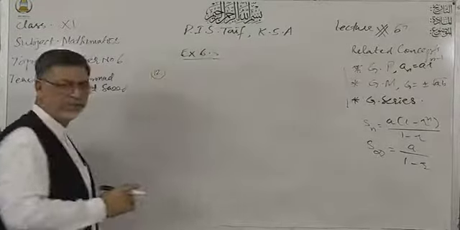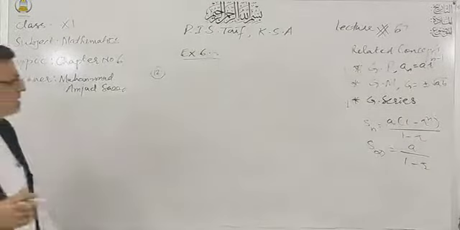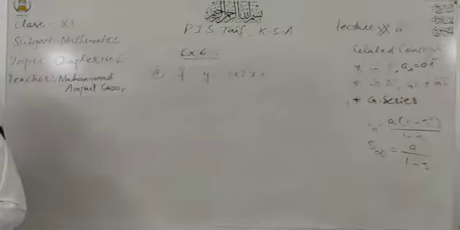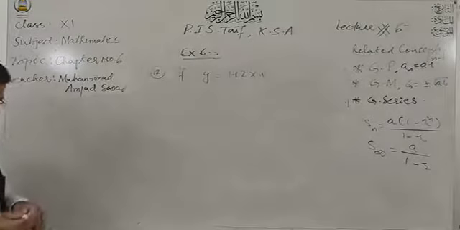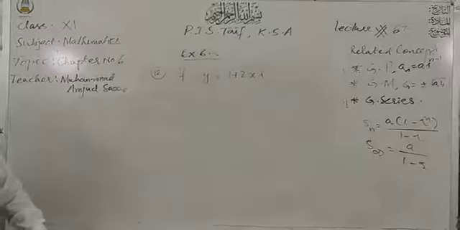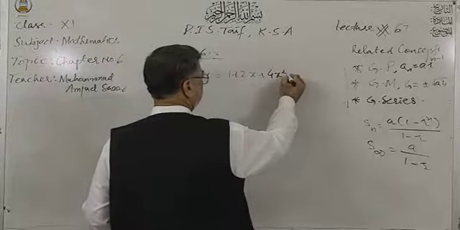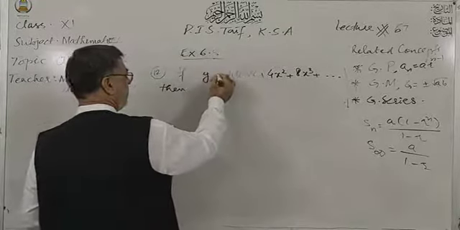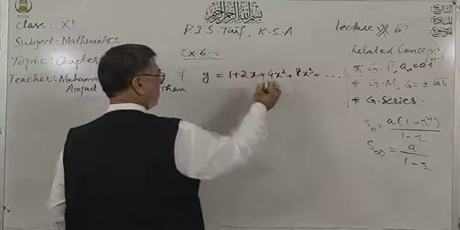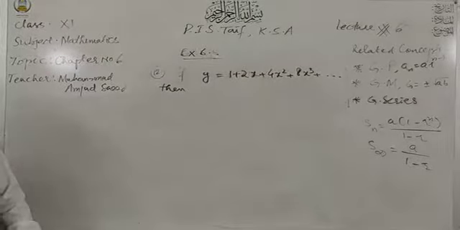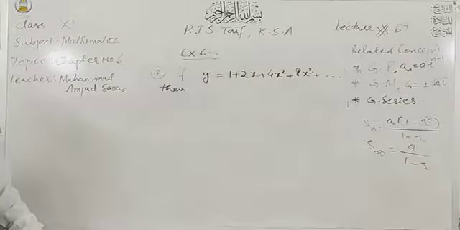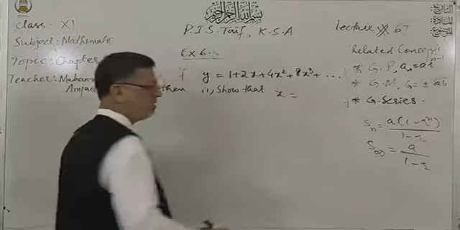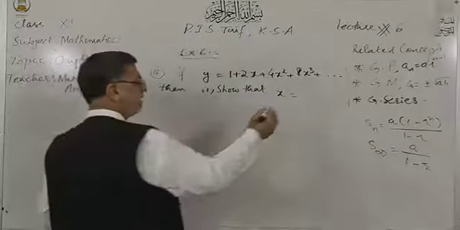Question number 12: if y is equal to 1 plus 2x plus 4x square plus 8x cube plus so on, then we have to prove number 1, show that x is equal to y minus 1 over 2y.